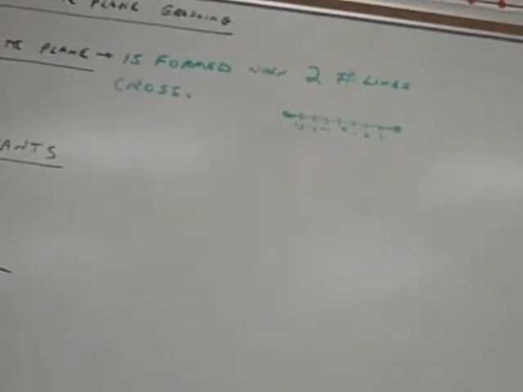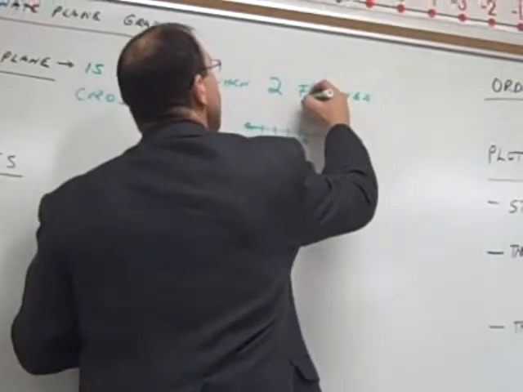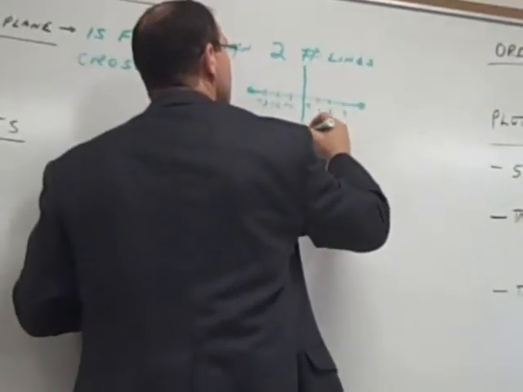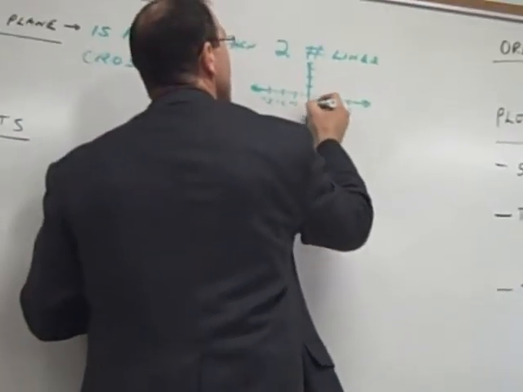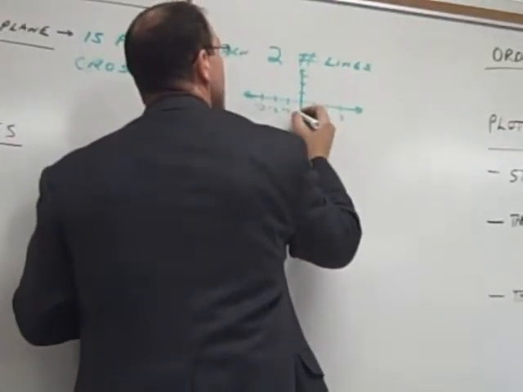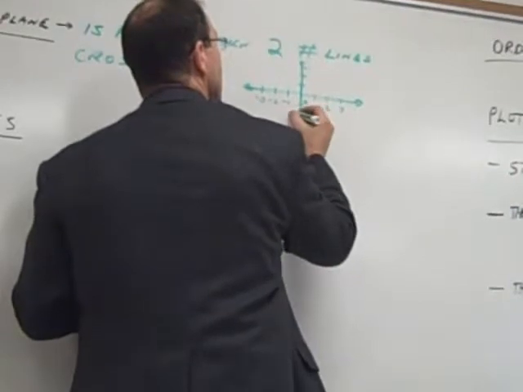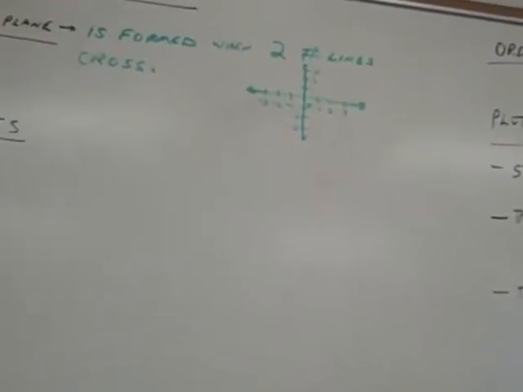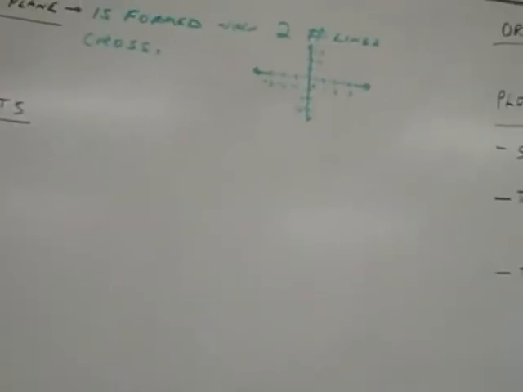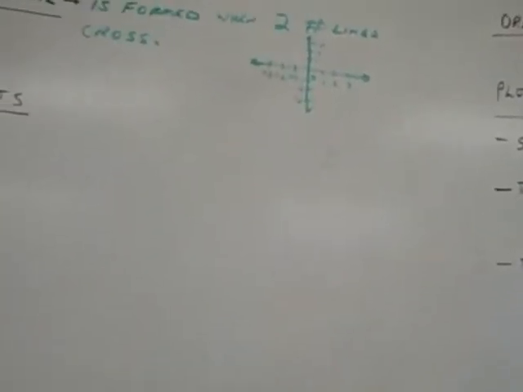Now where does the second number line come into play? A vertical one. A vertical line. Now, did I number that one correctly? Yes, you did.